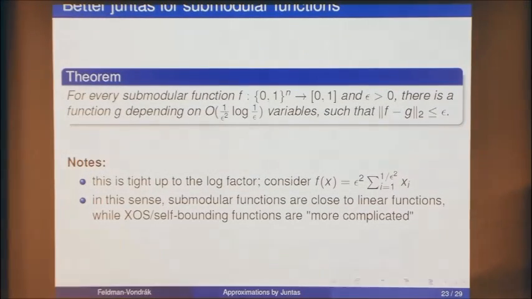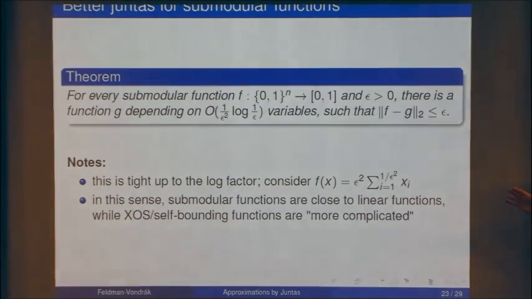All the way from linear functions to self-bounding functions, we have very similar bounds, essentially the Chernoff bound. So in this sense, they are very similar. But if you try to approximate by juntas of slightly larger size, this big gap emerges between submodular and XOS.